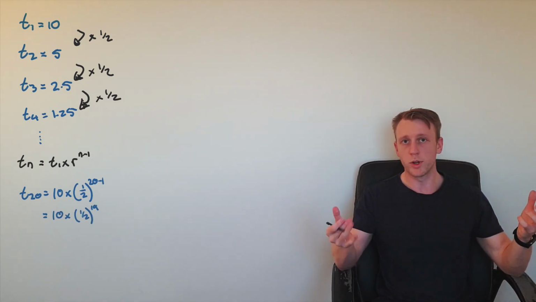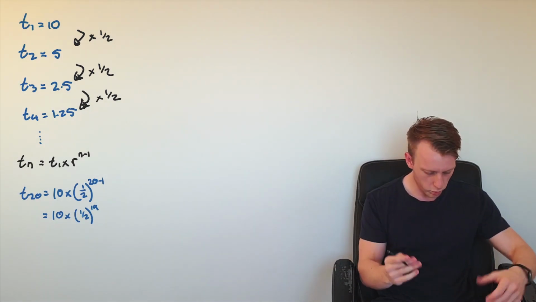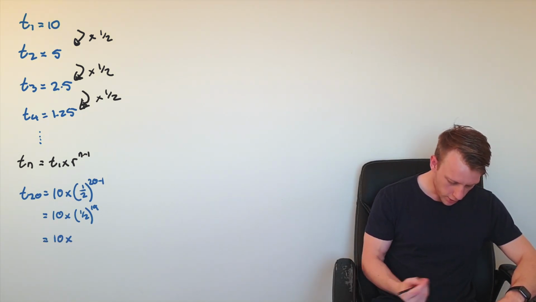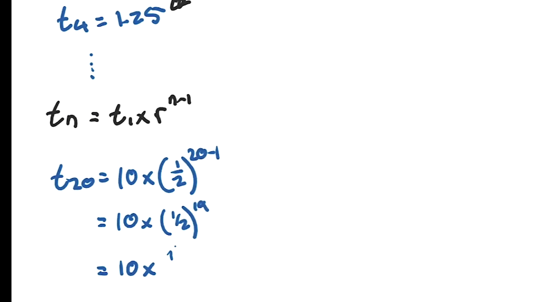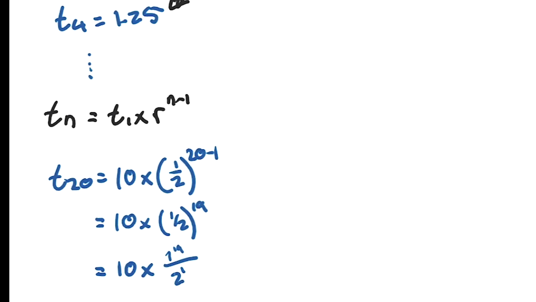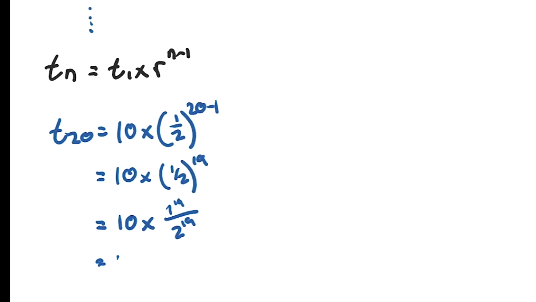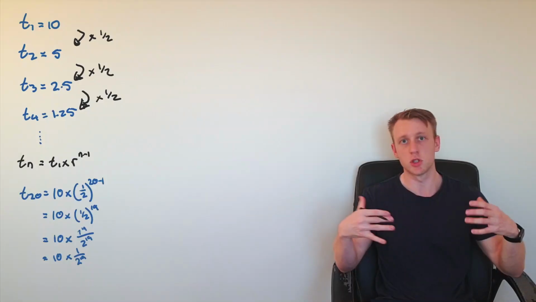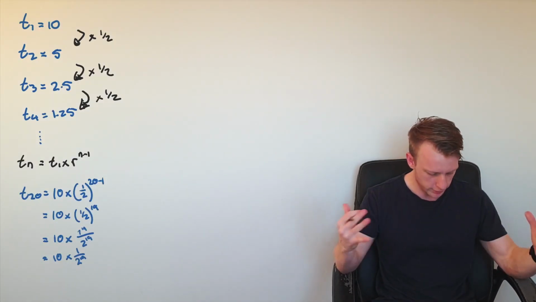All right, so we get to this point here, and I just want to highlight something important. When we've got a half here, this 10 multiplied by the ratio, that's 1 to the power of 19 over 2 to the power of 19. Now 1 to the power of 19 is just 1, right? So it's 1 divided by 2 to the power of 19, and 2 to the power of 19 is a really, really large number.